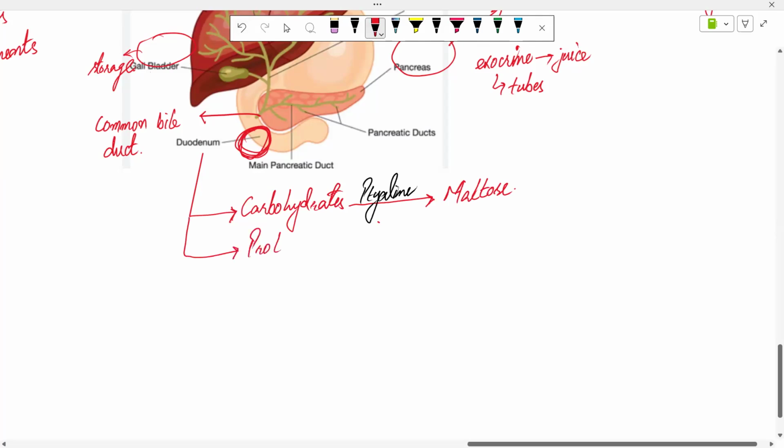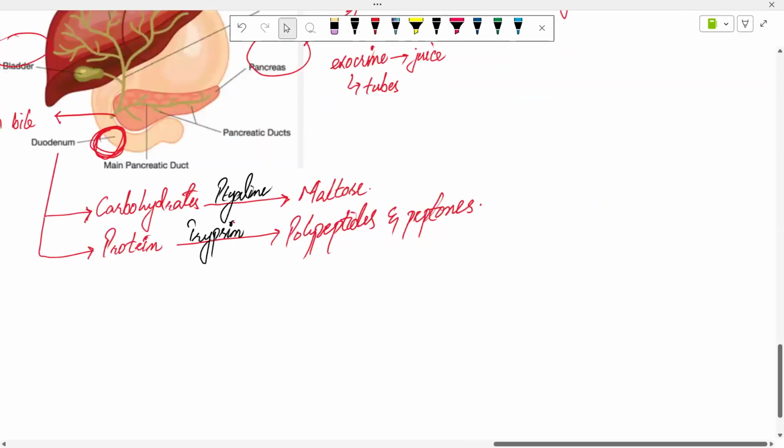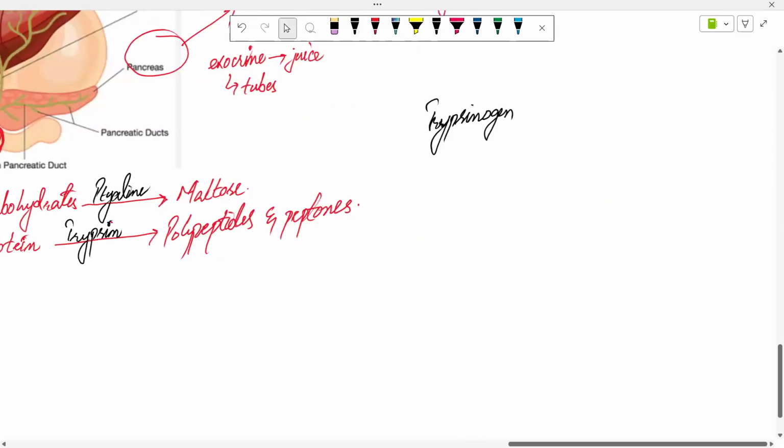Proteins are also digested here. Level of polypeptides and peptones with the help of the enzyme trypsin. One thing you must know that trypsinogen is the inactive form of the enzyme.